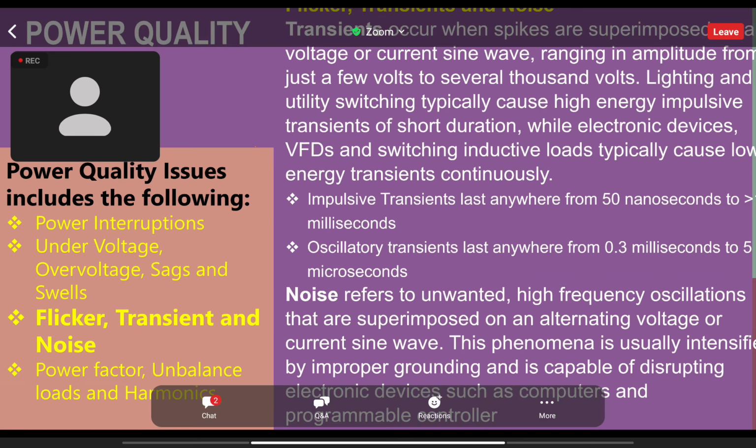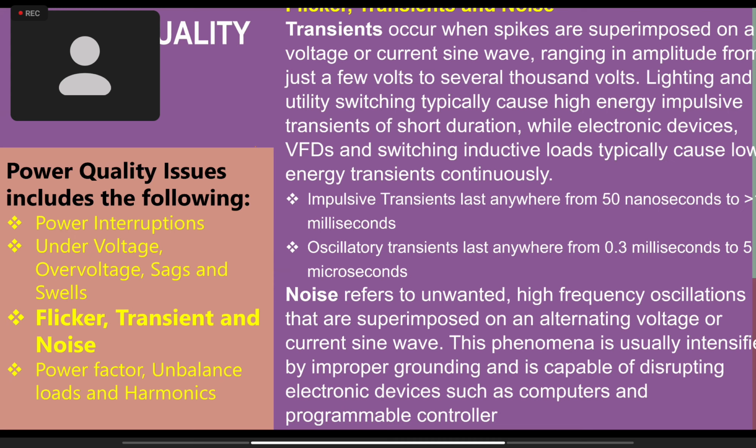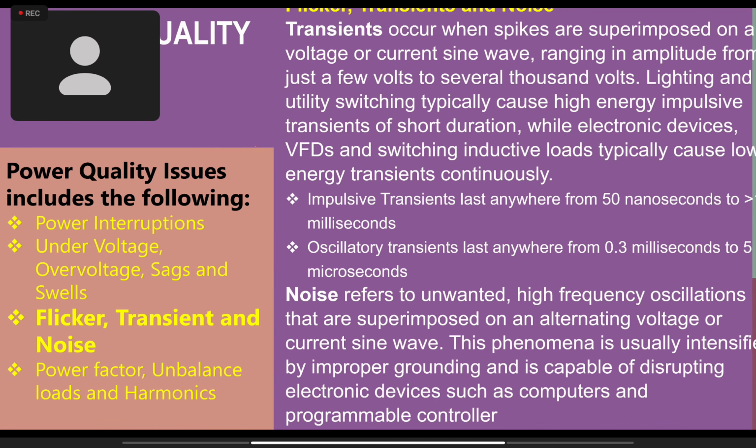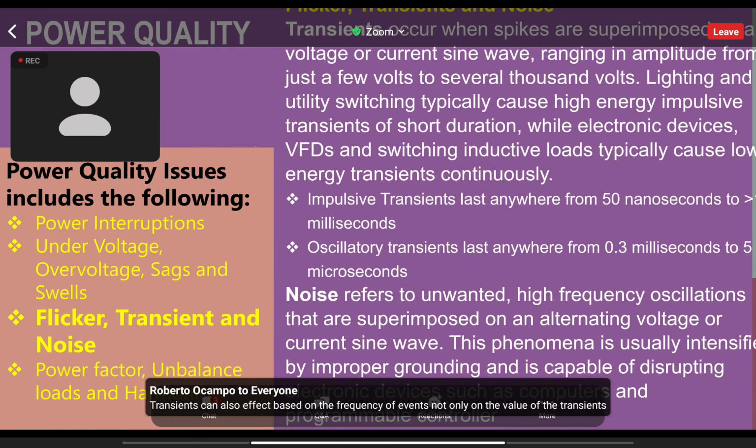High-frequency oscillations that are superimposed on alternating voltage or current sine wave. So this phenomena is usually intensified by improper grounding and is capable of disrupting electronic devices such as computers and programmable controllers. So pagka, siyempre ang system kasi natin is full of different equipment na nakakonect.